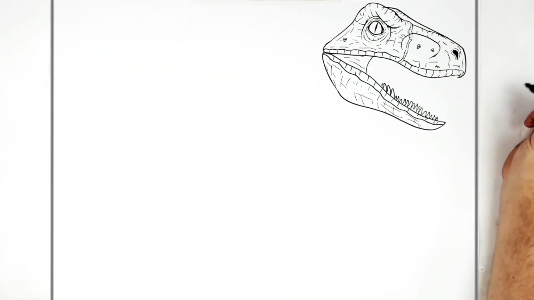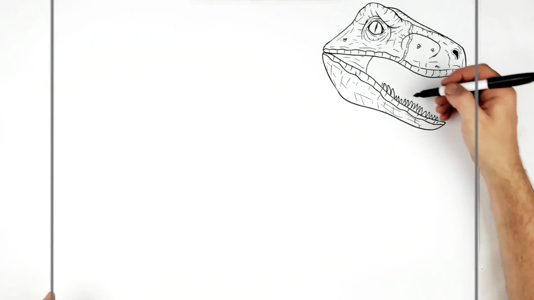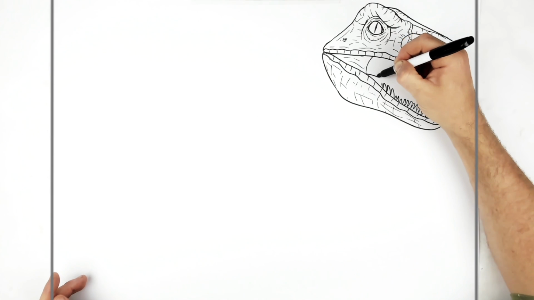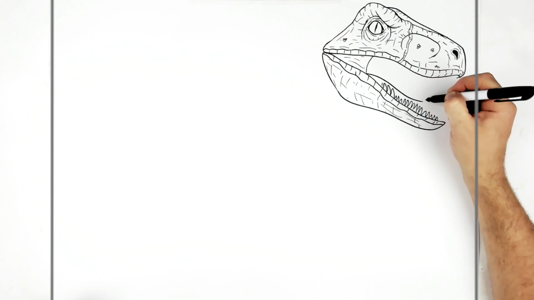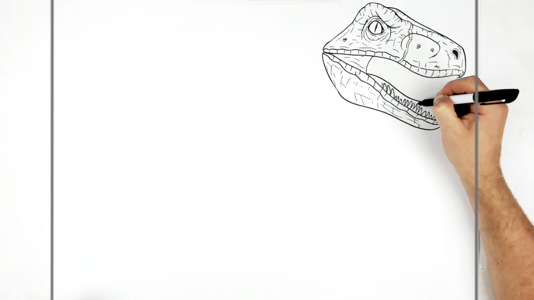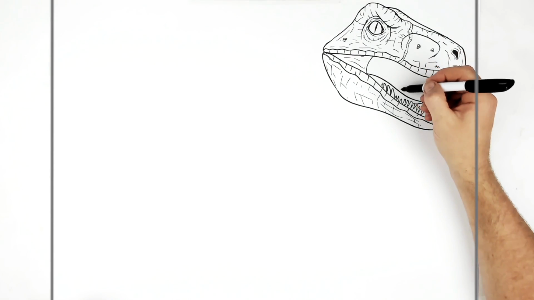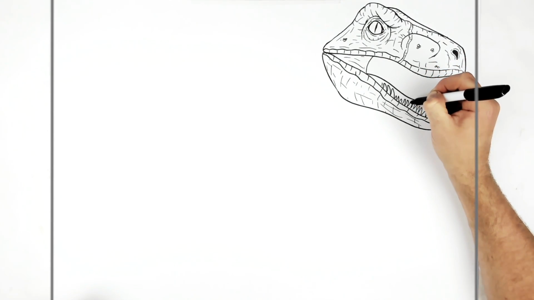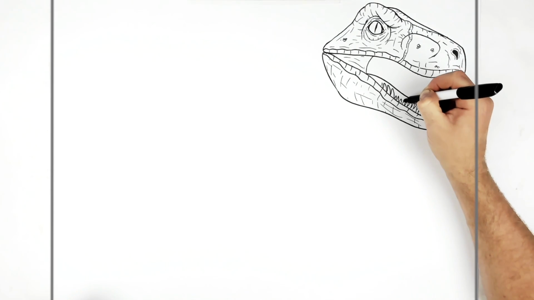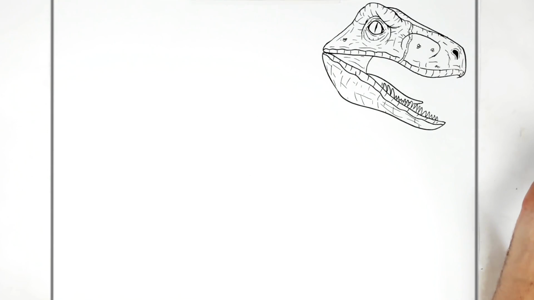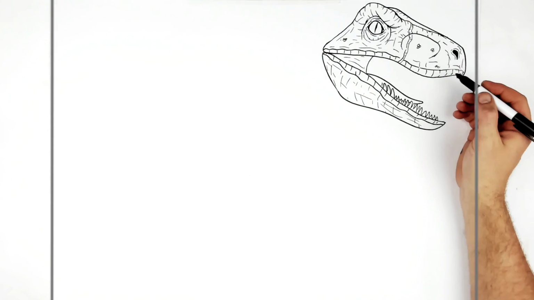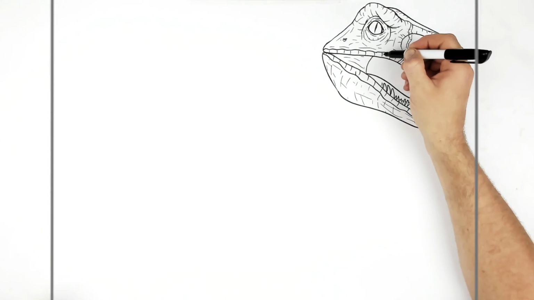And the tongue is in behind them. So it sticks out here. And it just curves around and goes back into there. Like so. And then top teeth.